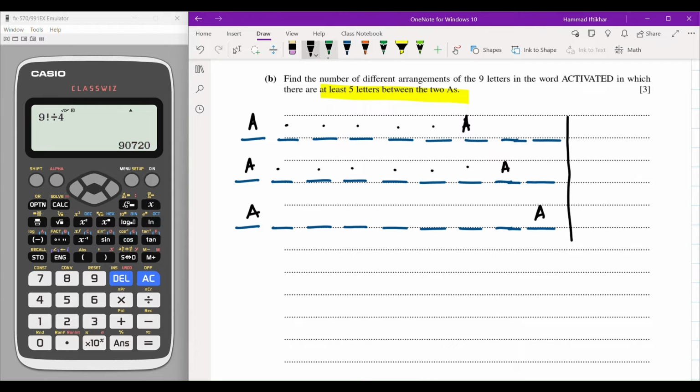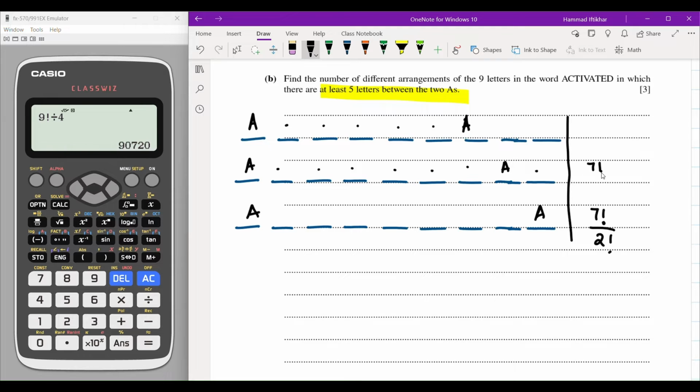The last one is pretty easy. This is just 7 factorial divided by 2 factorial because we have duplicate T's. Now consider the second one. If we consider this whole A block to be 1 unit, we have 1 unit, 2 units, and we still have 7 letters that can be any of those 7 letters.